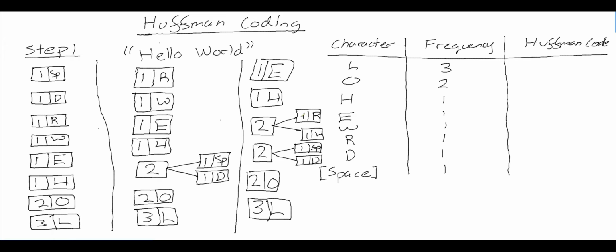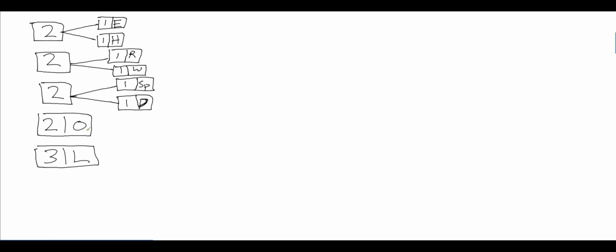And branching off of my new 2 node, I've got the original nodes that I made this 2 node out of in terms of the frequencies, and we've then got to repeat that again once more for this E and H.